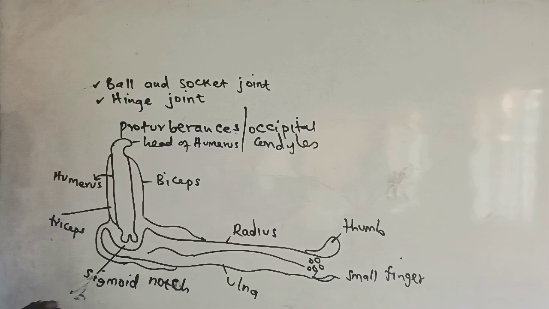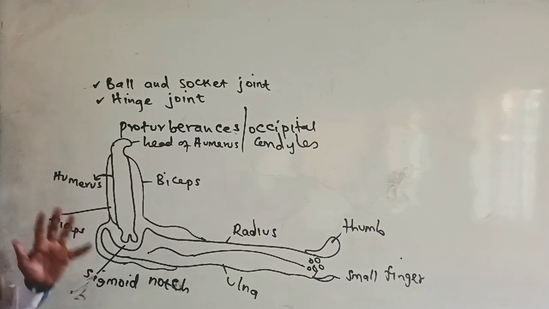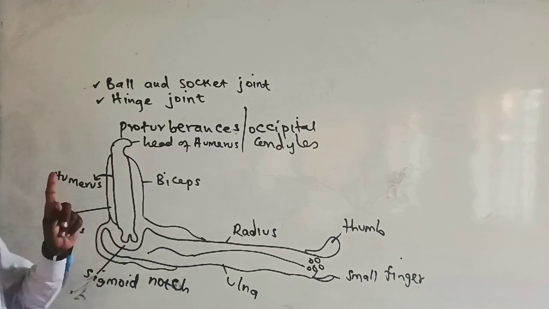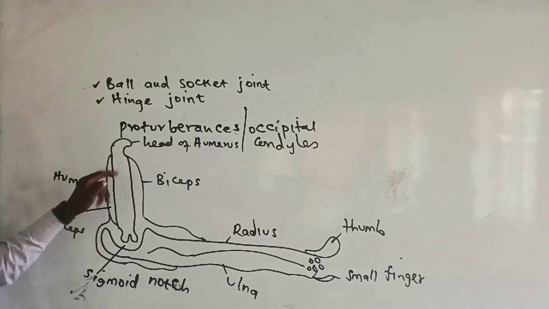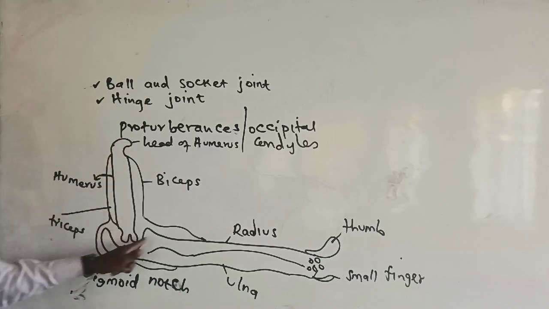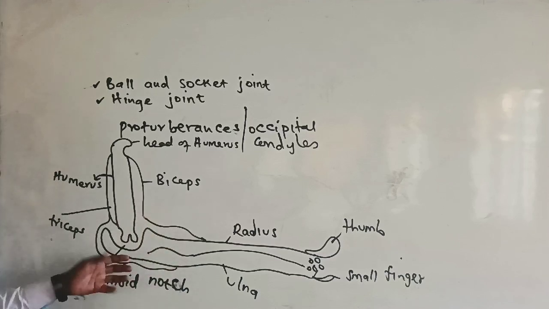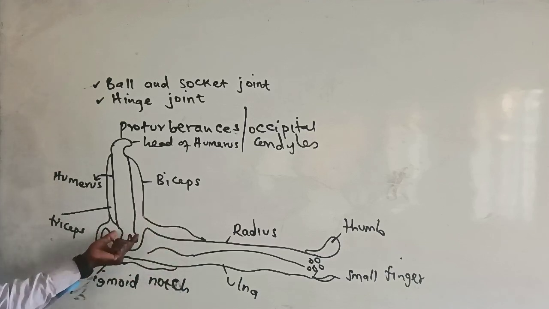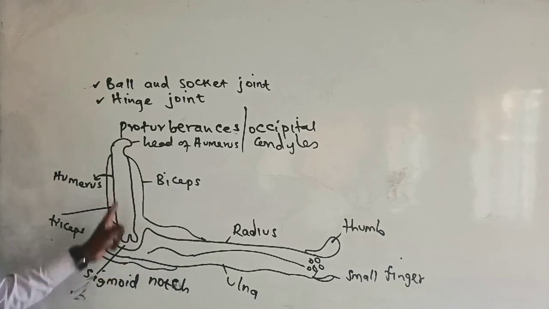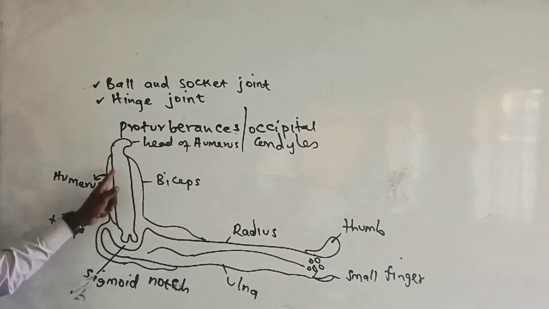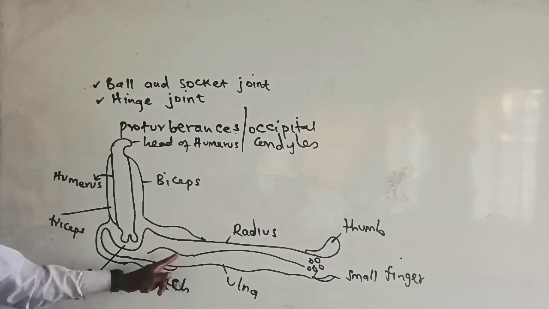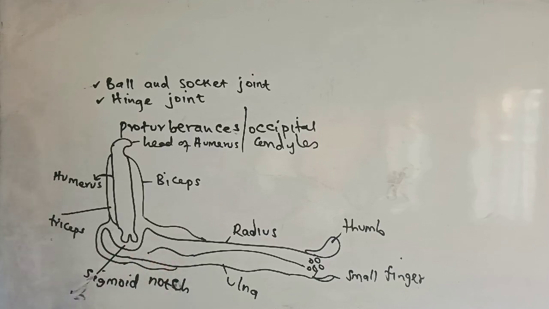So I just wanted to explain to you the types of muscles found at the joint in my class today. I've given an example of this humerus and this radius and this ulna, to see which type of joint is first formed between these two bones that meet, for there are three: the humerus, the radius, and the ulna. They are meeting here, forming a joint called a hinge joint, where the movement is only up to 180 degrees, and the movement does not occur through all planes.